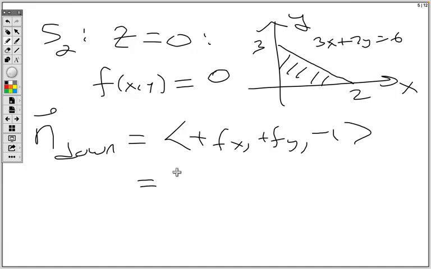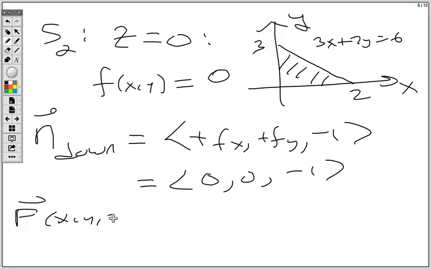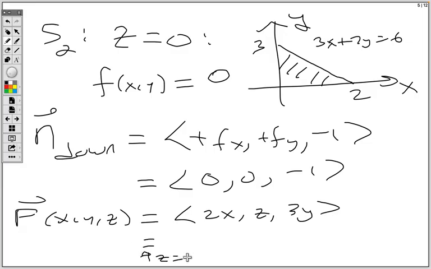If f of xy is 0, the partial derivatives are all what? 0. And if I look at my field, it is 2x, z, 3y. But if I'm on the plane where z equals 0, my field is just going to be 2x, 0, 3y. You follow?